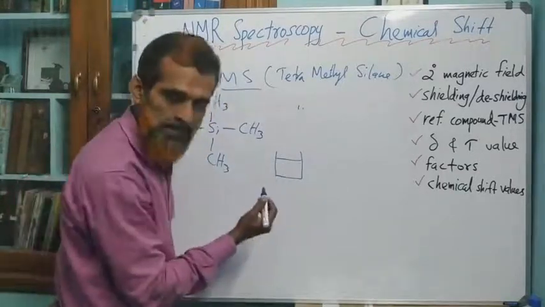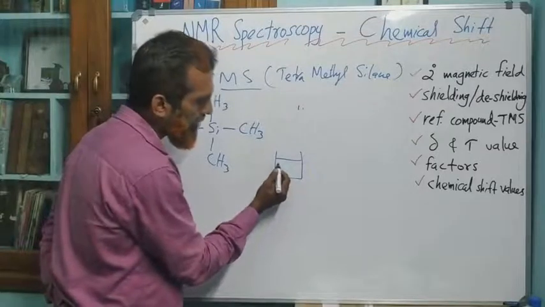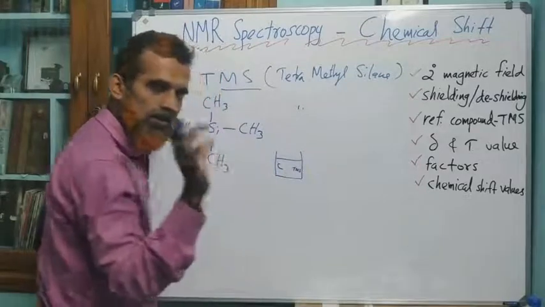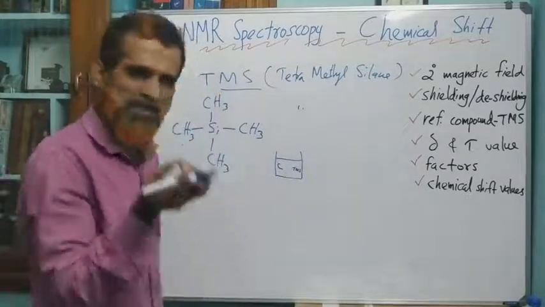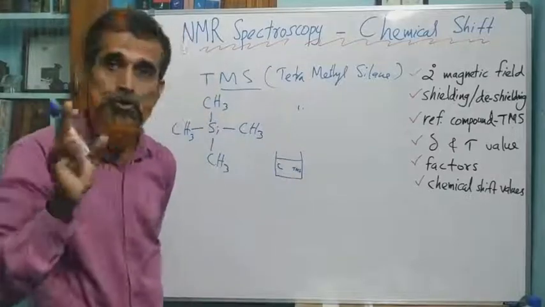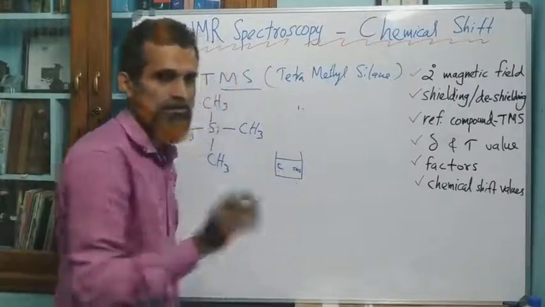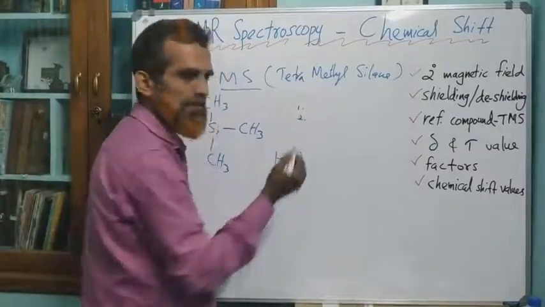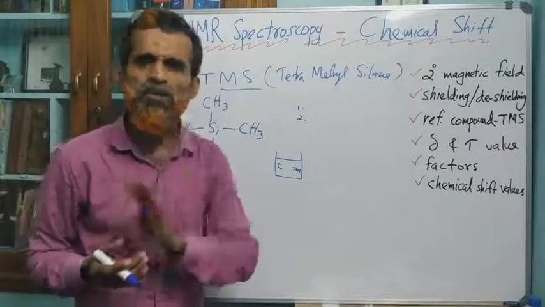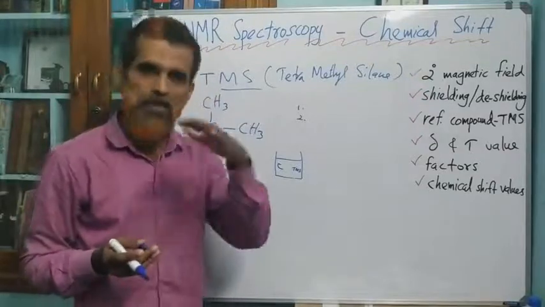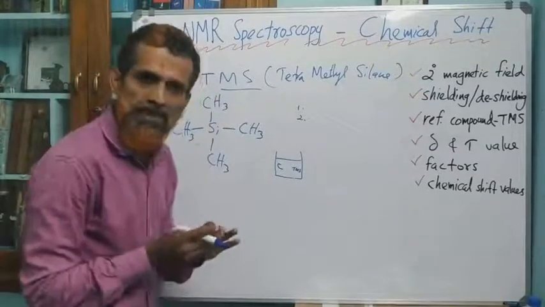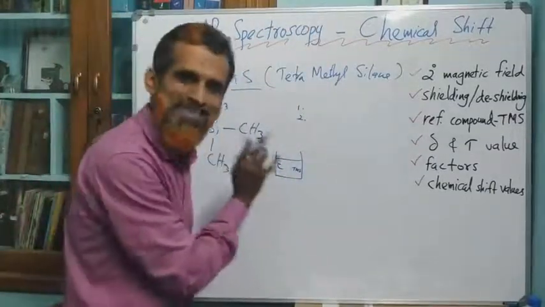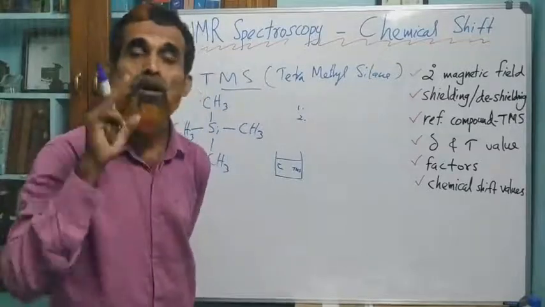So we will have a solvent, and we will put the compound in it, and also we will add a pinch of TMS for this chemical shift purpose, a little bit of TMS. This TMS should not react with the compound or the solvent, so it's chemically very unreactive. That is a positive factor. Secondly, its boiling point is very low, 27 degrees Celsius, so it's reasonably volatile. So after the technique, you can remove TMS from the sample easily, and recover your valuable sample.